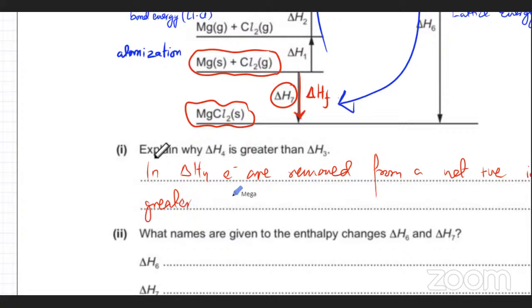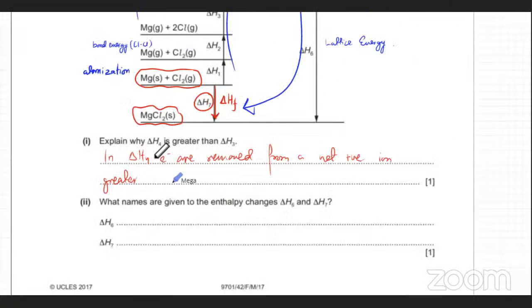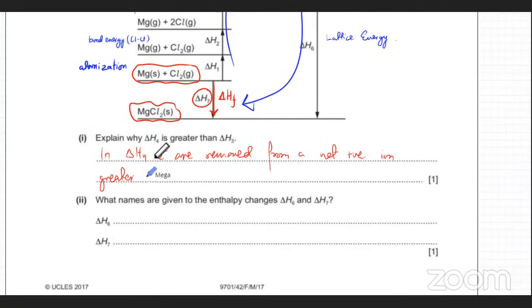So it's going to be much harder to remove electrons. There's going to be greater attraction for electrons. And the ion size would also decrease because of the greater attraction. Although the shell is the same, it would be a slightly smaller ion as well.